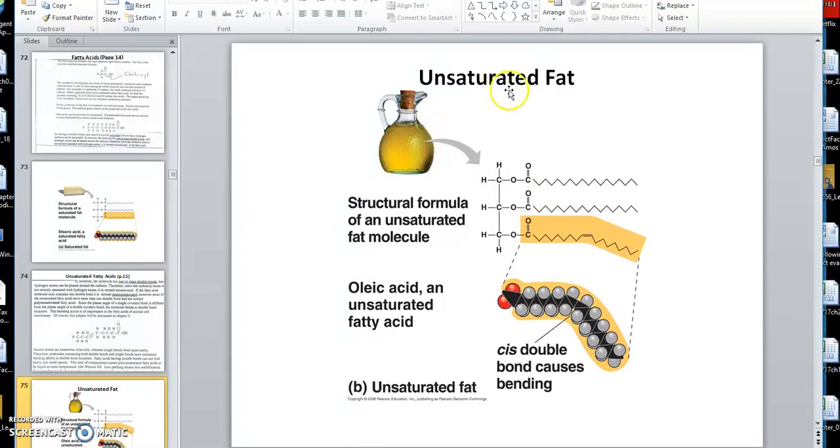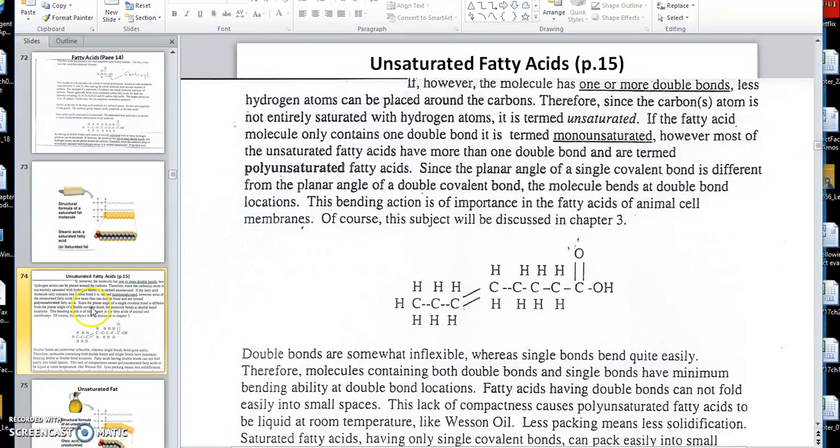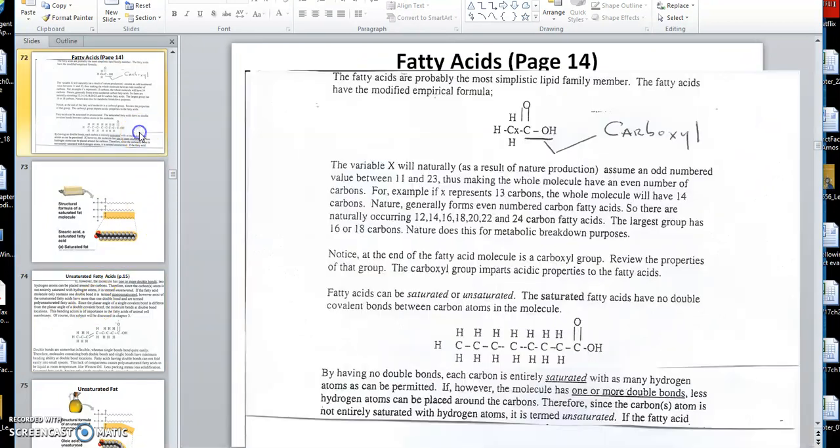So unsaturated ones generally are liquid, and your saturated ones generally are solid.